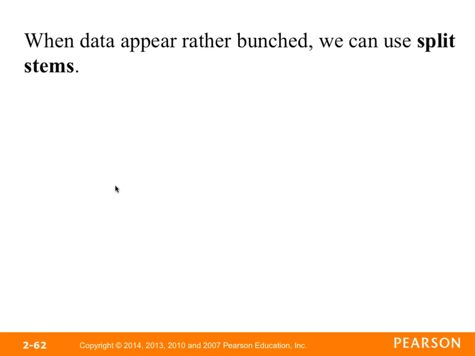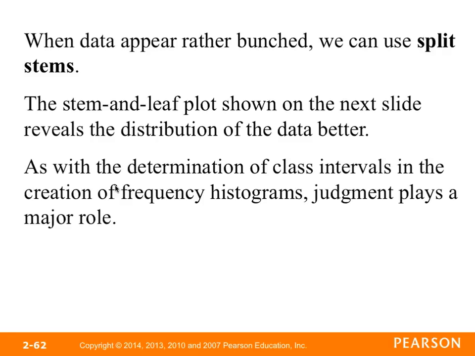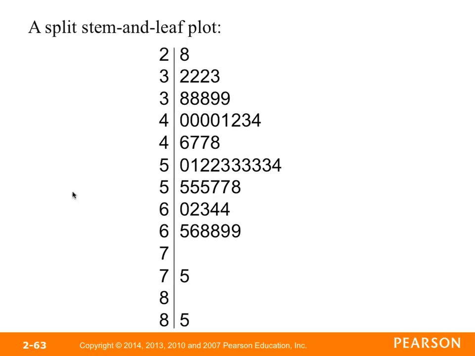Okay, so let me go back to what we were talking about, which is split stems. The stem and leaf plot shown on the next slide reveals the distribution of the data a little bit better. As with the determination of class intervals and the creation of a frequency histogram, judgment plays a major role in deciding whether or not you should split your stems. There's no such thing, again, as a correct stem and leaf plot. However, some plots are better than others.